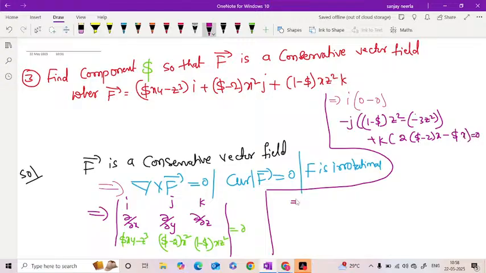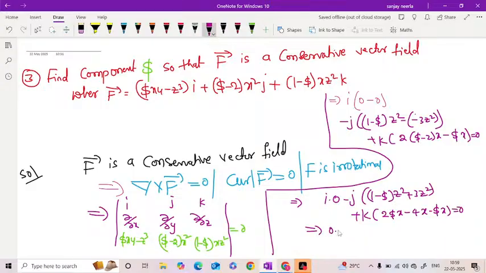After simplification, what we'll get here? i into 0 minus j. In this one, we can write 1 minus z square plus 3z square, plus k into 2x minus 4x minus x is equal to 0.